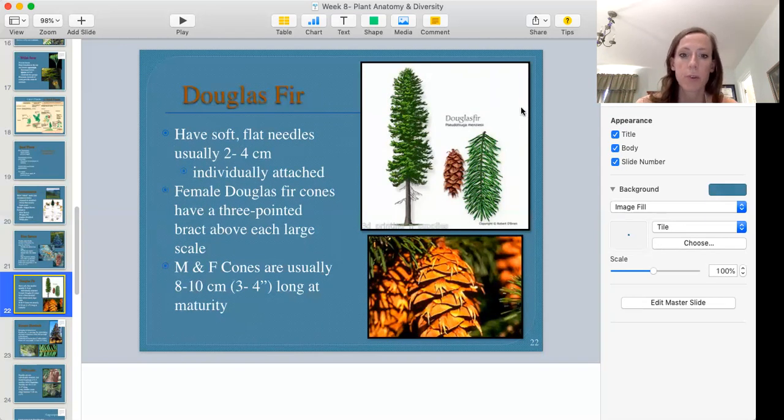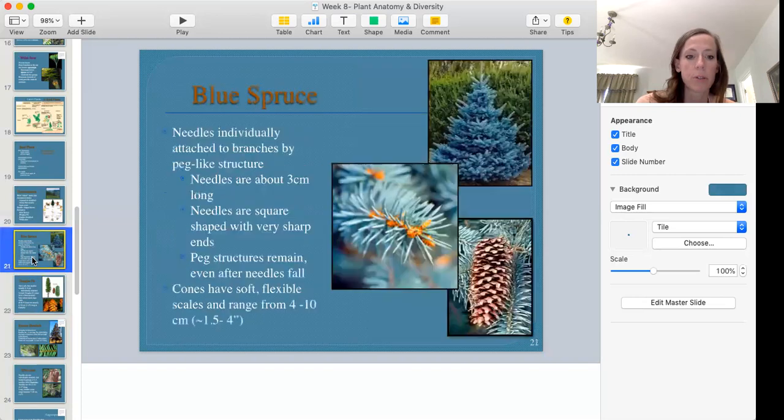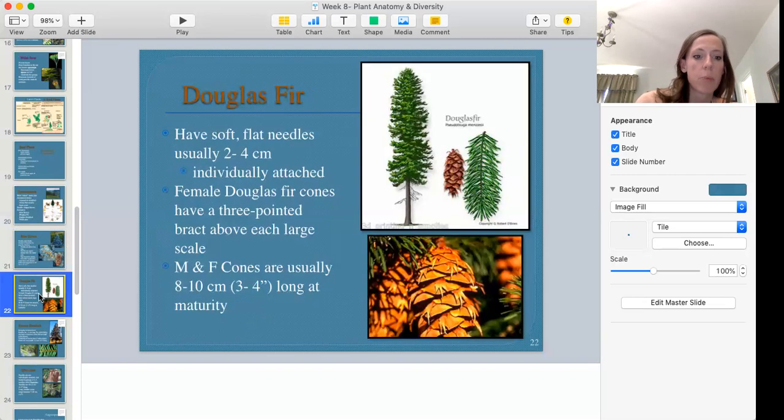The needles for the Douglas fir are 2 to 4 centimeters, individually attached, and the cones are 3 to 4 inches long. So slightly bigger than the blue spruce cones, but not extensively so.